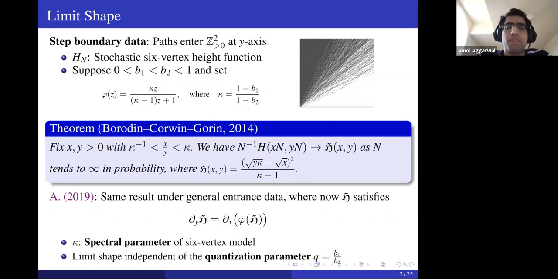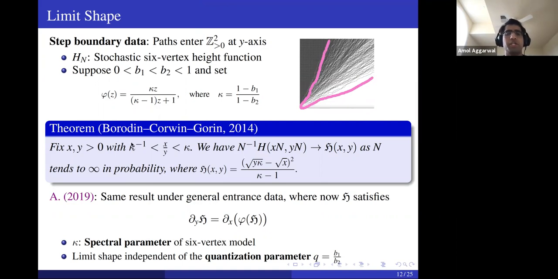Okay, and a theorem. Here's a theorem. So when we fix x and y so that x over y is between 1 over kappa and kappa. So what I'm doing here is fixing it to be between, let me draw, there's this sort of fan here, this cone here. That was a really bad cone, but.